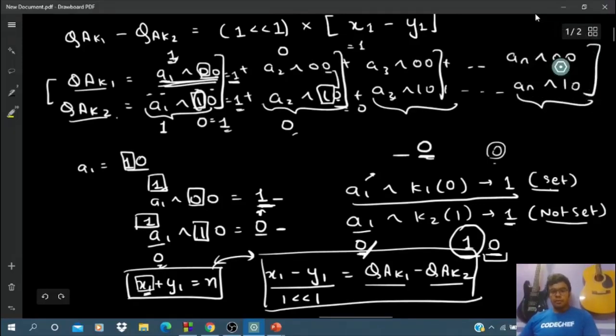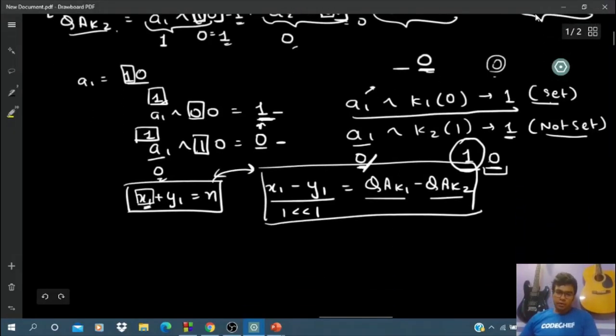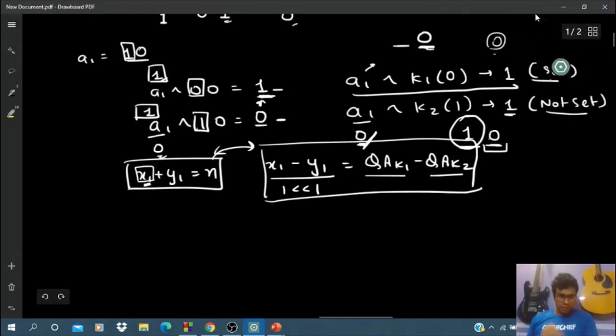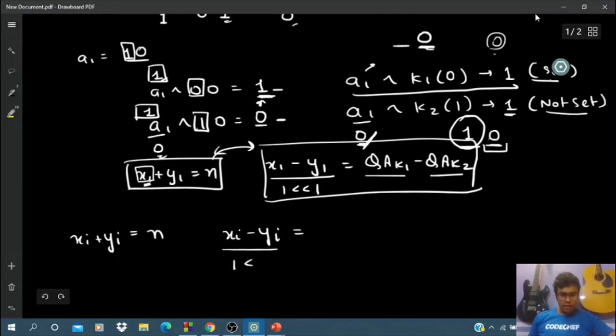So now, similarly, we talked about x1, so let's try to write a general formula. For each xi plus yi will be equal to n. Now let's talk about the second equation, and this second equation is going to be xi minus yi divided by 1 left shift i, because all of the bits before them will be 0, because their subtraction will be 0.